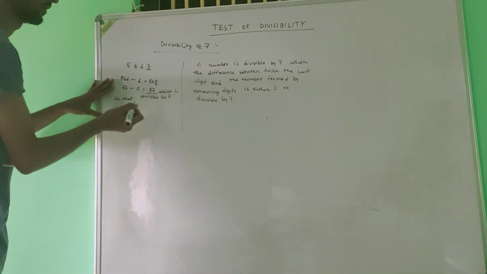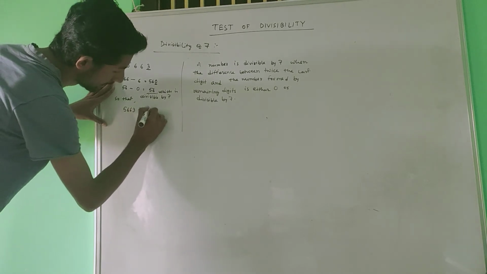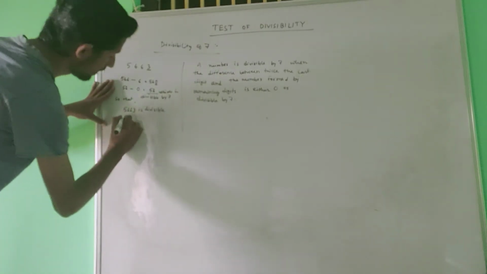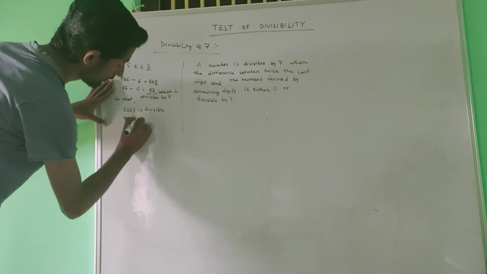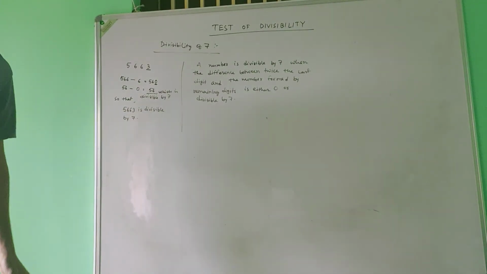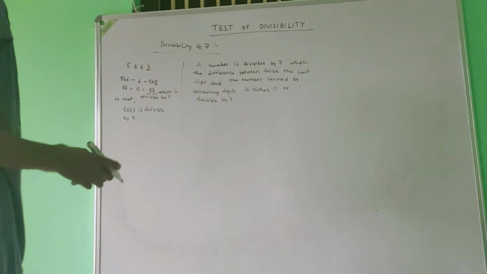So we can write over here 5663 is divisible by 7.